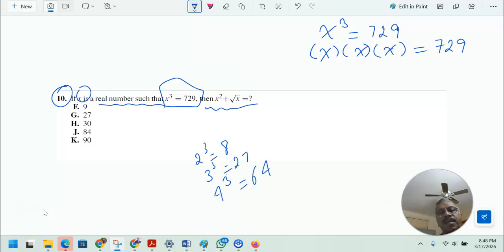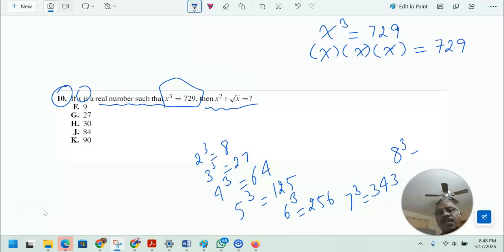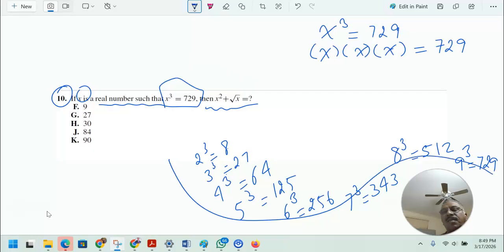These are the ones you have to know. 5 cube is 125, 6 cube is 216, and 7 cube is 343, and 8 cube is 512, and you may say, hey, how do you expect that? And 9 cube is 729. Now just imagine you forgot all this. Is there a way we can do it directly?